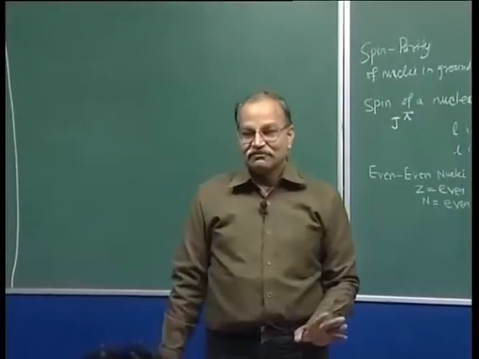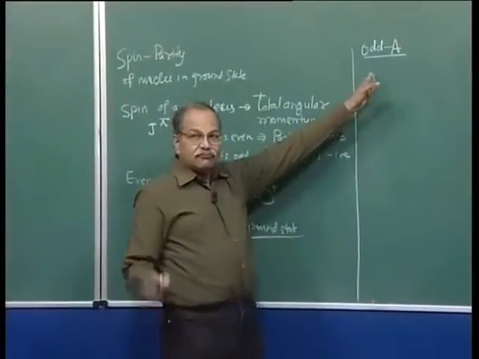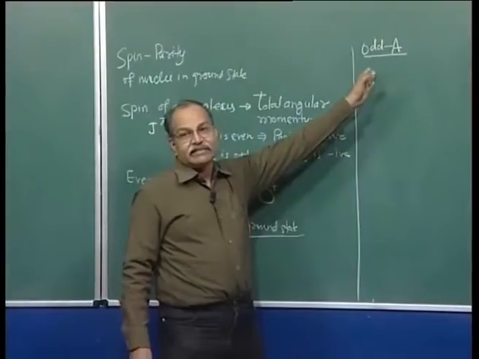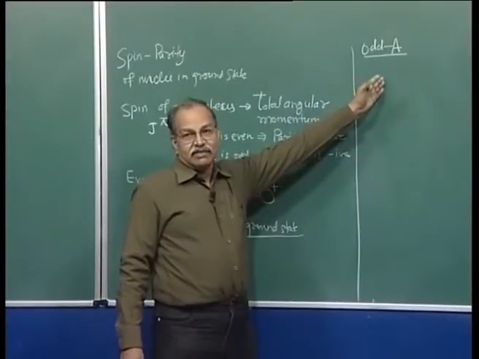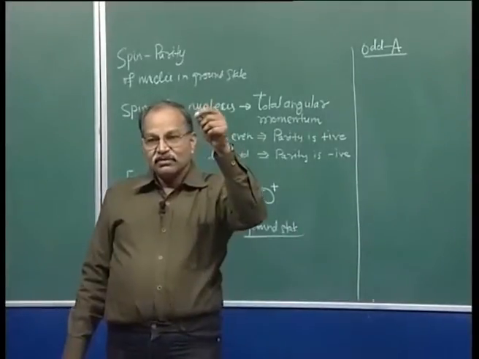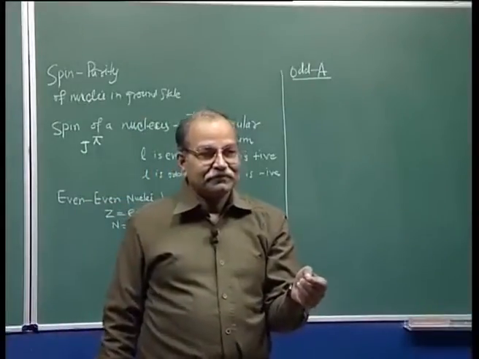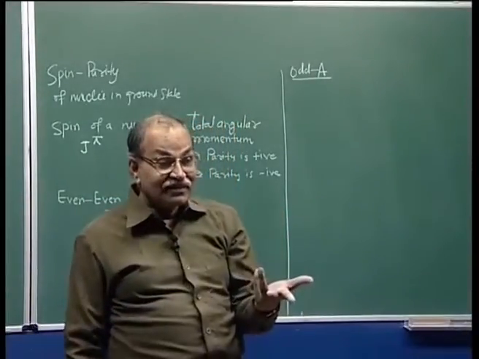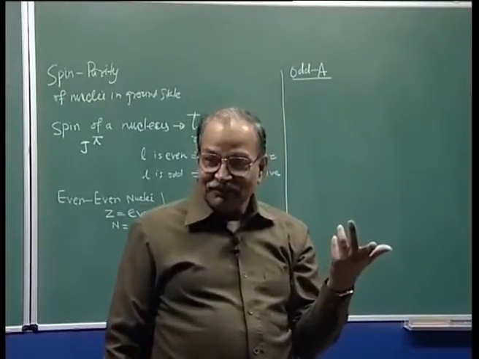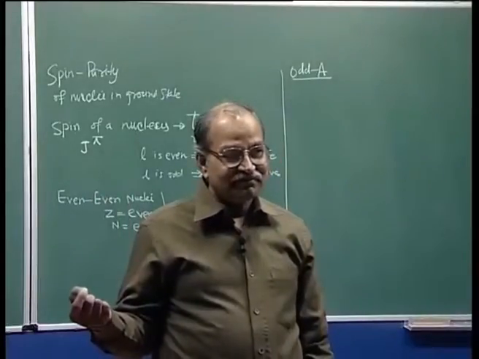So, if you discuss even and odd A, you have discussed almost all the nuclei barring some 4 or 5. In odd A, now here that word that I used, extreme single particle, is relevant, because odd A means there is one neutron or one proton which does not have a chance for pairing. The total number is odd, and for a pair you need 2. So, if there are 9 of them, only 8 can pair up, that 9th one has no chance of pairing up.